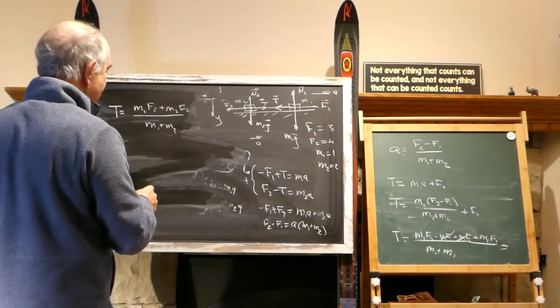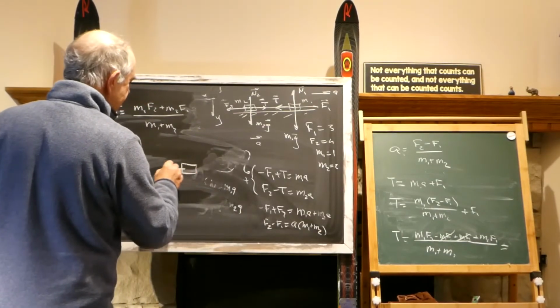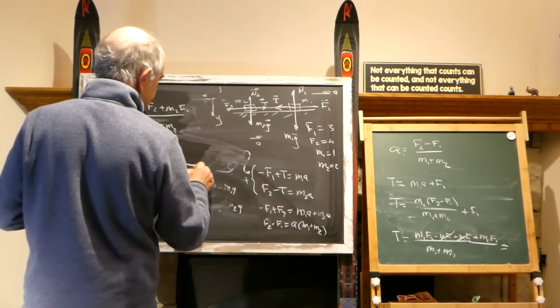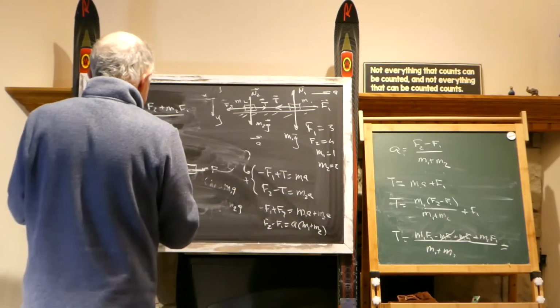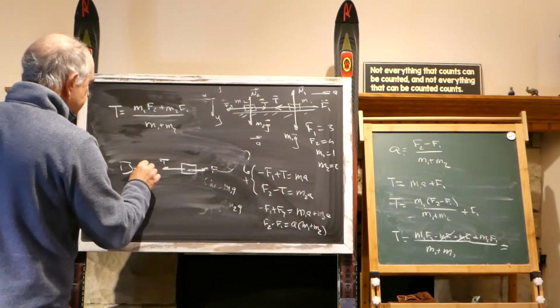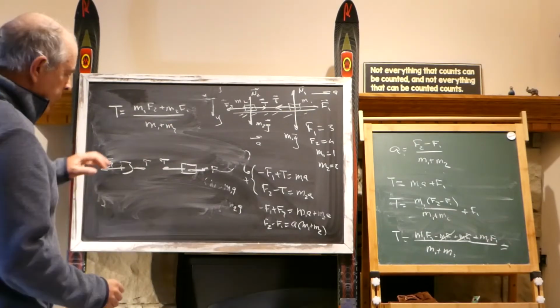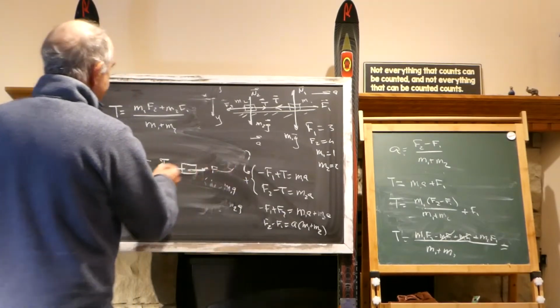And this tension actually operates in such a way that it's a little bit bigger than this F1 in that particular example, if you plug in the numbers. So it pushes this way, but it's a little bit smaller than this F2. And that's why everything is moving in unison to the left.